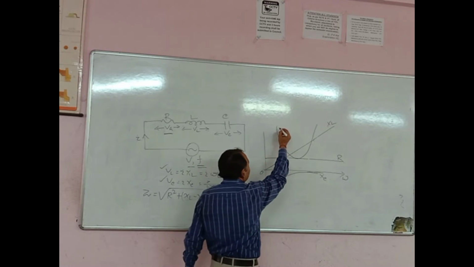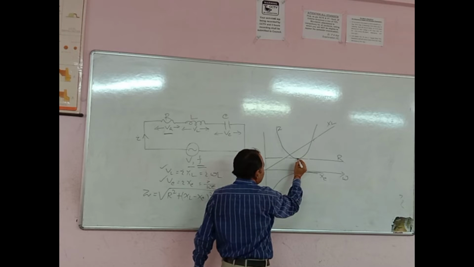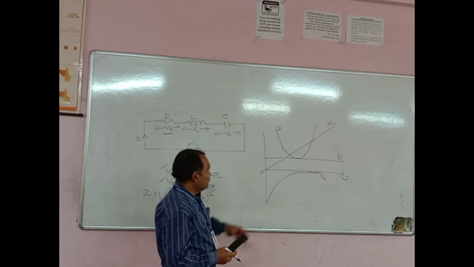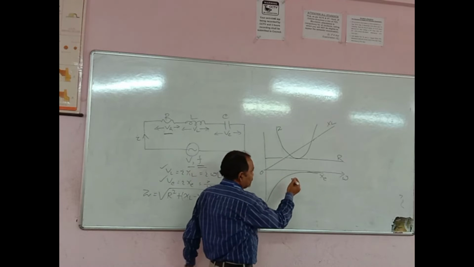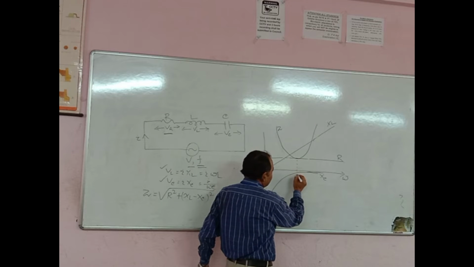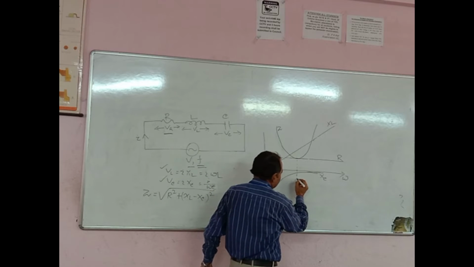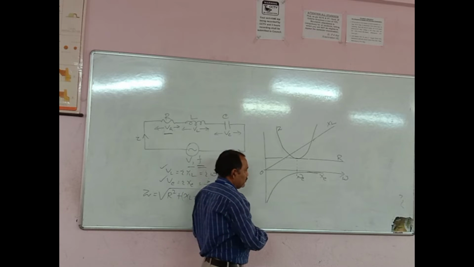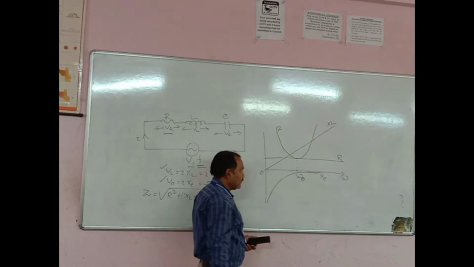This is Z. The minimum value of Z is R, and the minimum value occurs when XL is equal to XC. So this is omega 0, which is called the resonant frequency.